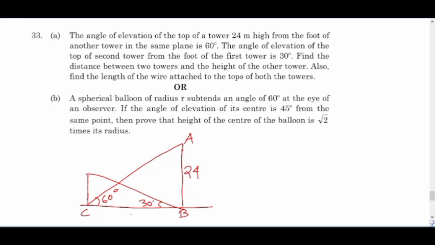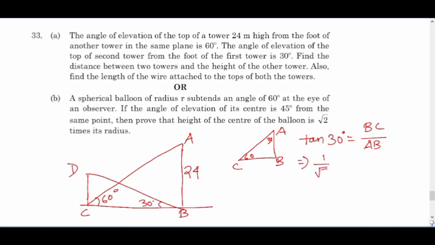We have to find out BC. Suppose this point is D. Now in triangle ABC, this is 60, this is 30 degree. So we know that tan 30 degree equals perpendicular by base, BC by AB. tan 30 is 1/√3.